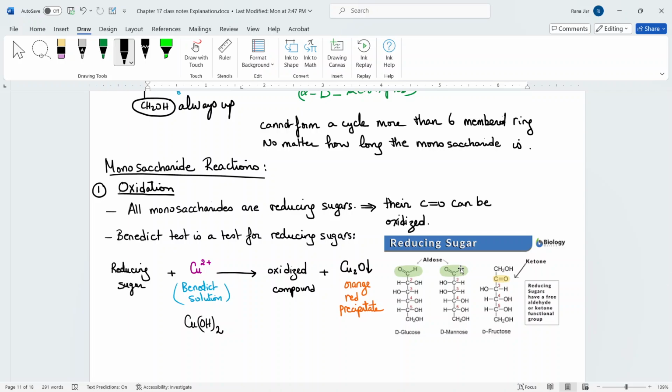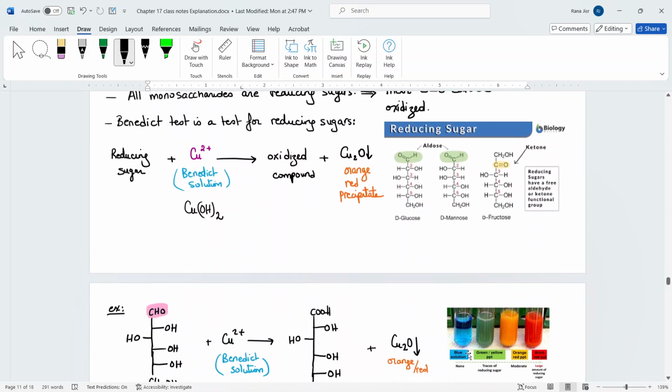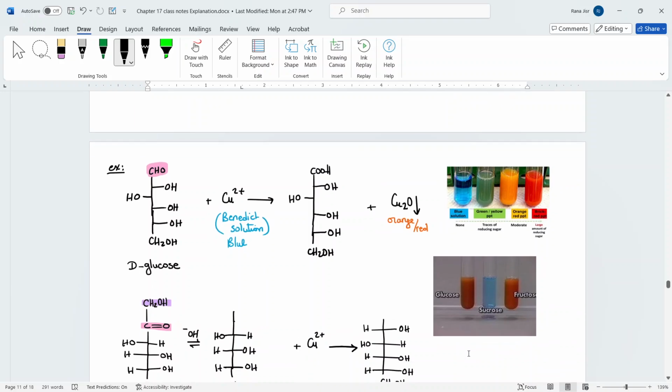All monosaccharides that have an aldehyde functional group are considered to be a reducing sugar. Same idea for the ones that have a ketone functional group, because for ketones, I do have an alcohol in here, and the alcohol can be oxidized. And the oxidation of that alcohol is going to be into a carboxylic acid.